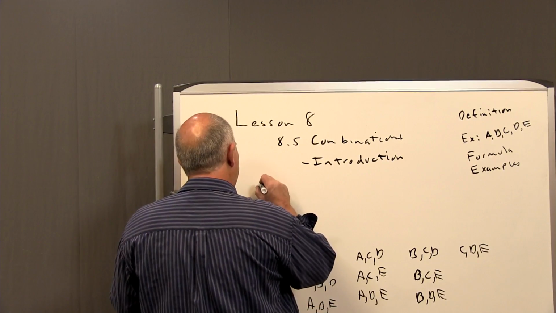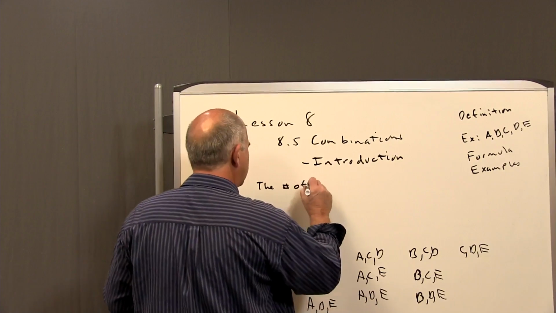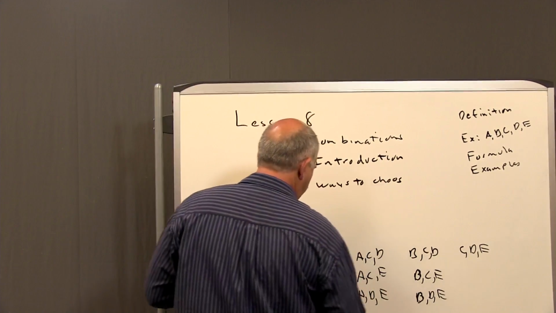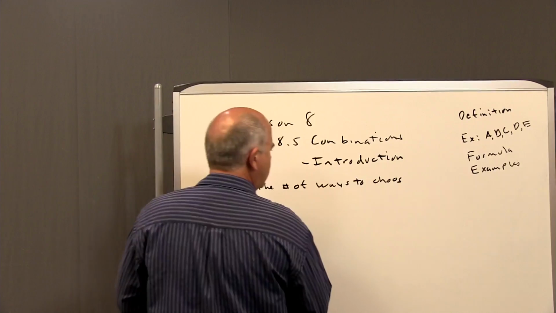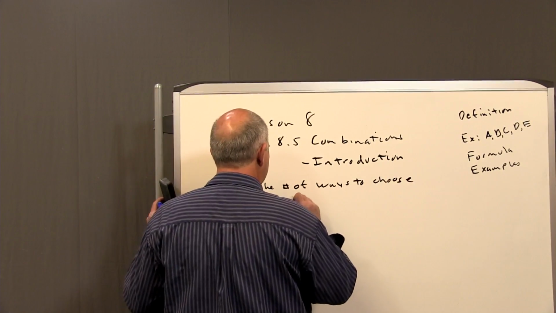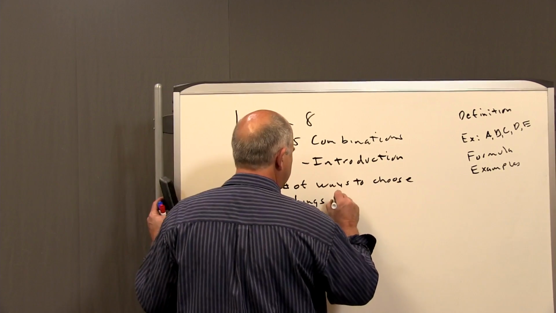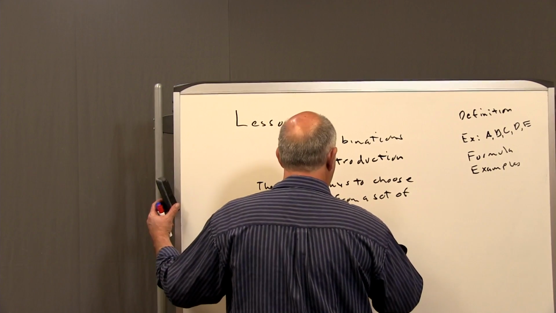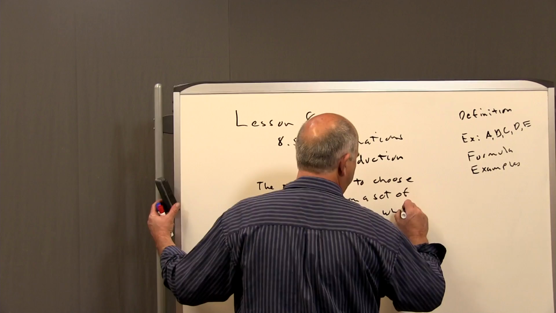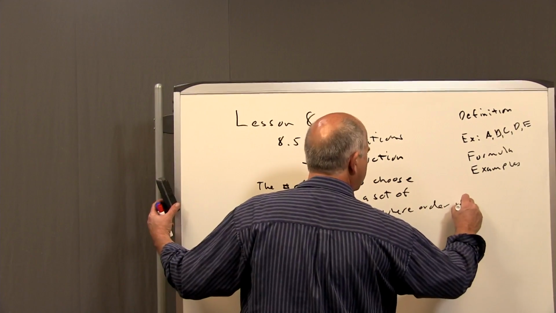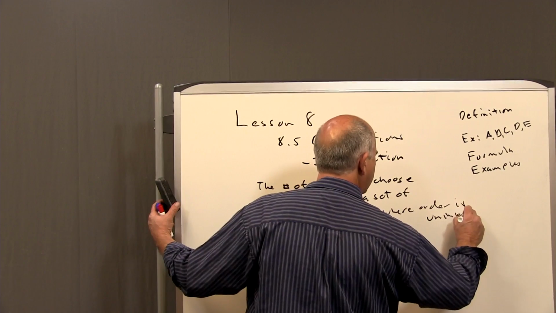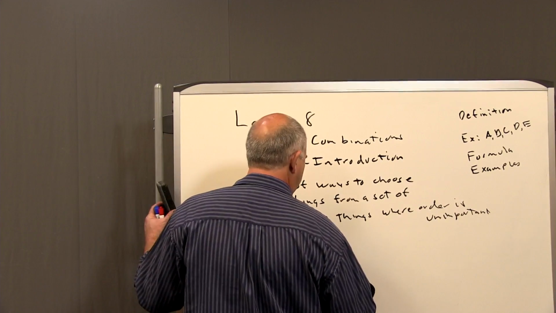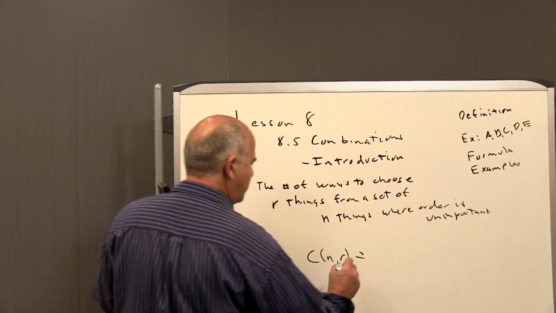So that's important, right? The number of ways to choose r things from a set of n things where order is unimportant is C of n comma r, which is the notation your book uses.